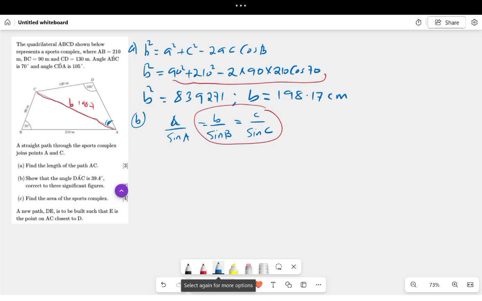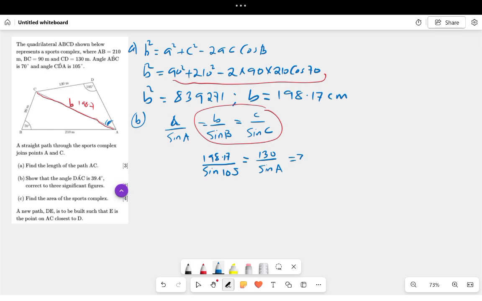So we are going to have 198.17 divided by sine B, which is sine 105, equal to, actually, we are supposed to be comparing b and a, so it's going to be equal to 130 divided by sine A.